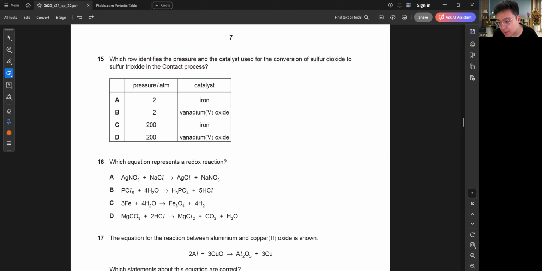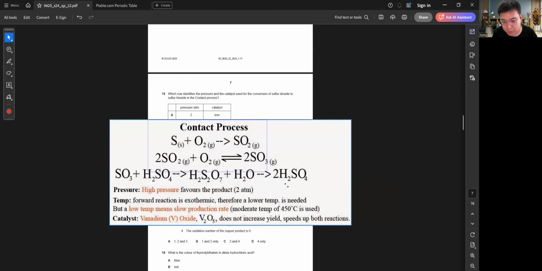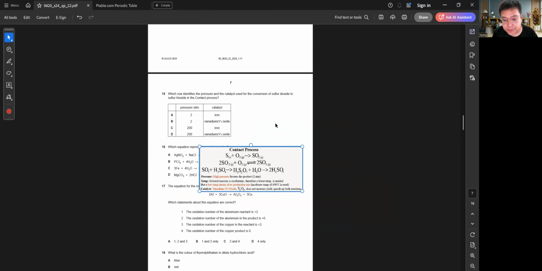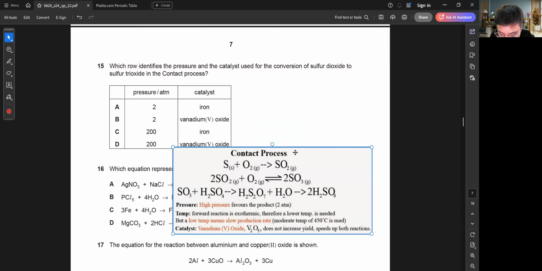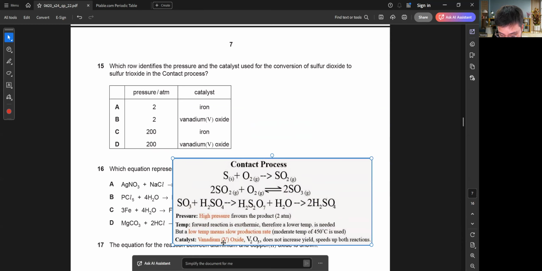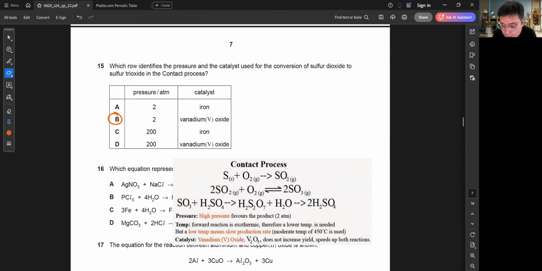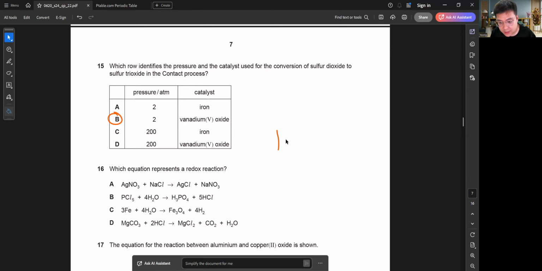So here, students should memorize this. Vanadium(V) oxide is the catalyst, so it's either B or D. And then the pressure is 2 atm, so therefore the answer is B. This one is more of a memorizing question, so just take note of that.